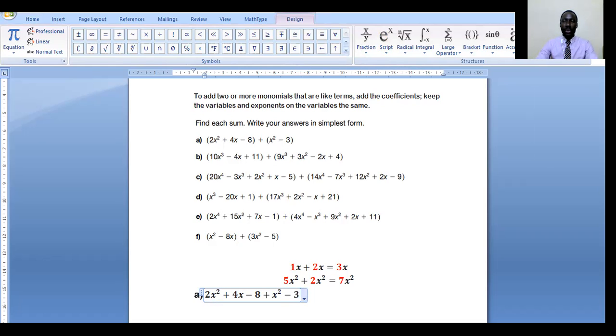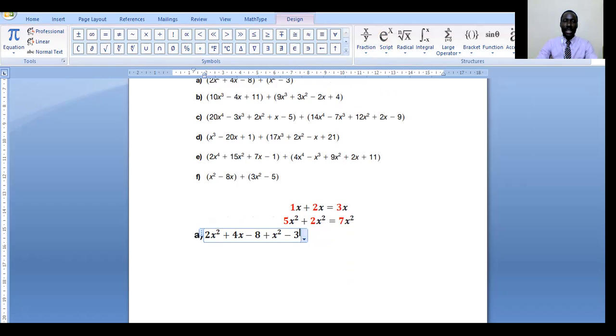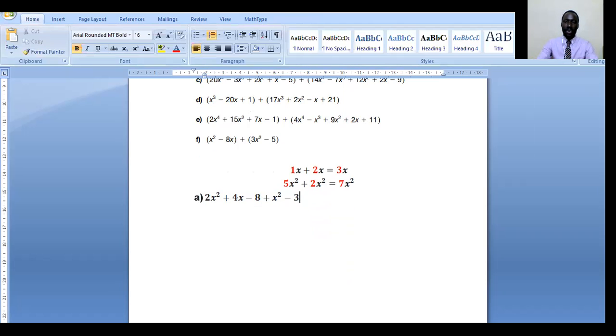What we are going to do at this point in time is to do grouping, also known as collection of like terms.